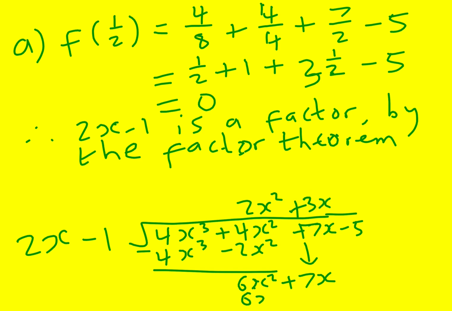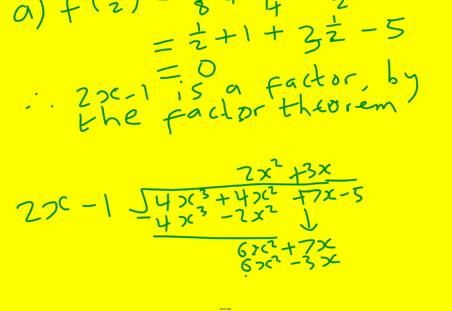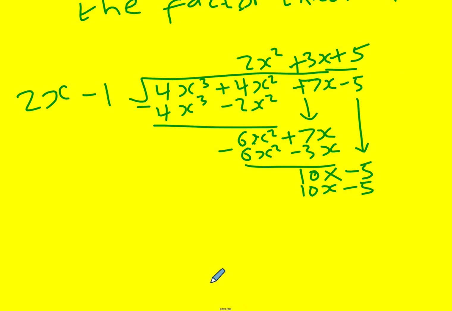Multiply back through. Okay, we know we're going to get 0 at the end. 10x, bring the minus 5 down. 2x is into 10x, go plus 5. Multiply back through, 10x minus 5. Brilliant, and we've got 0.